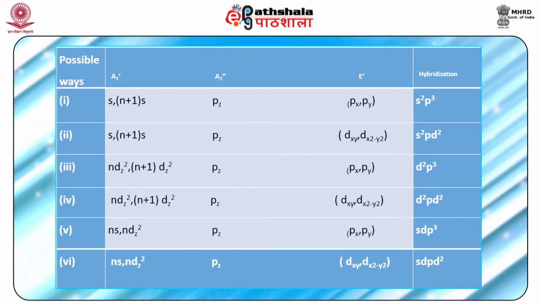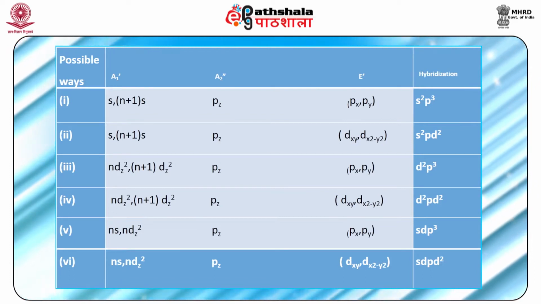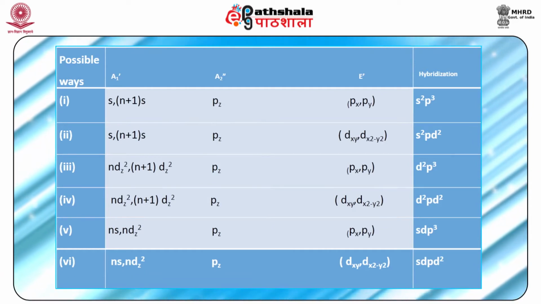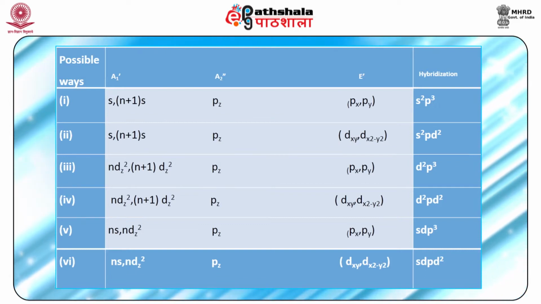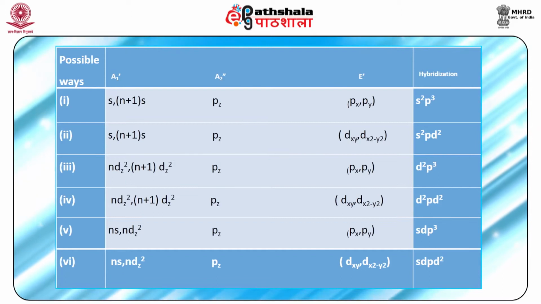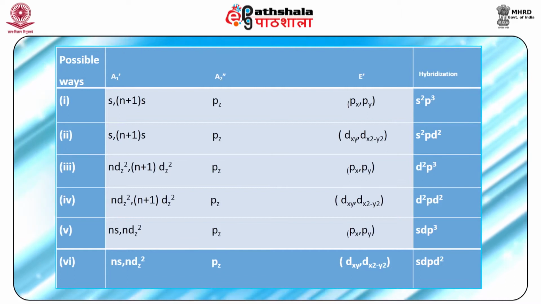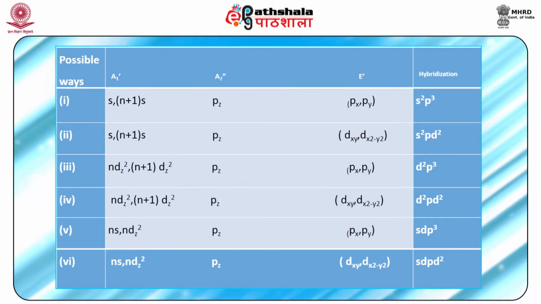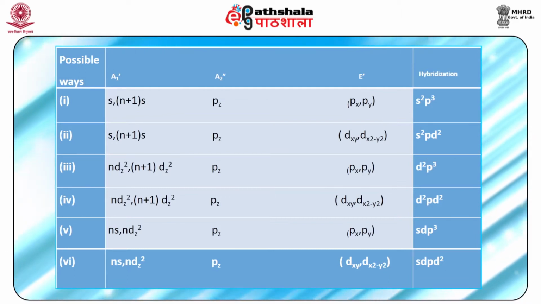And for molecular structures with trigonal bipyramid geometry, that is the D3h point group or PF5 molecule, energy considerations make combinations 1 to 4 of little importance, as we are using atomic orbitals from n and n plus 1 levels, which are not of the right symmetry. So combination 5 is most probable and labeled as sdp3.